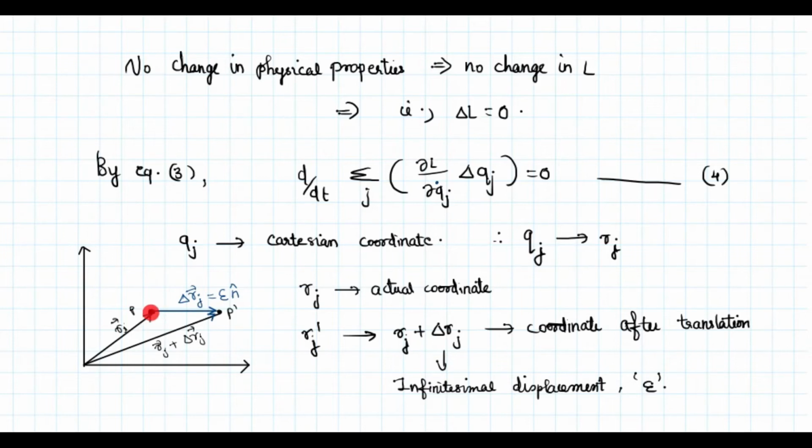Now I have translated the system along some direction n cap, and the system has been moved through some distance epsilon. So this is an infinitesimal displacement. Now the jth particle is at the position P prime, and let's say Rj prime is its position vector, where Rj prime is nothing but Rj plus delta Rj. This delta Rj is nothing but epsilon.